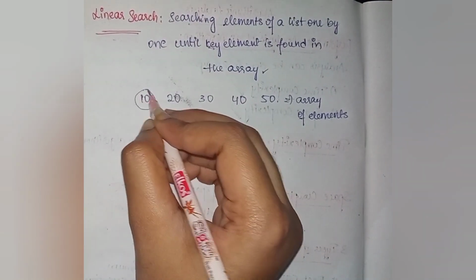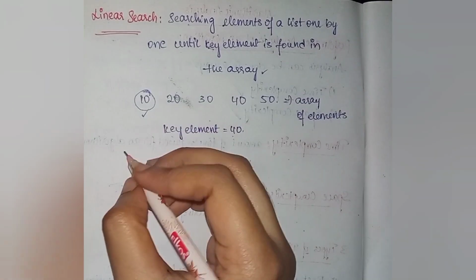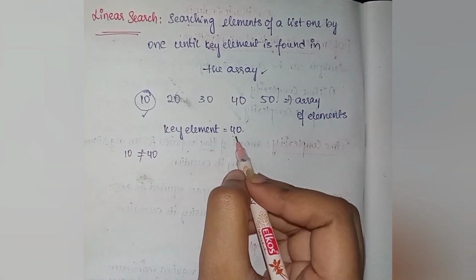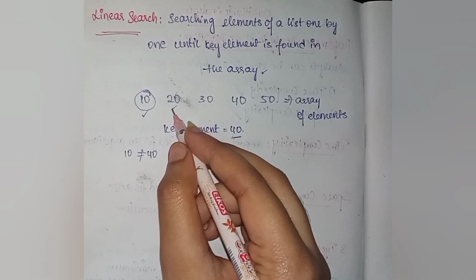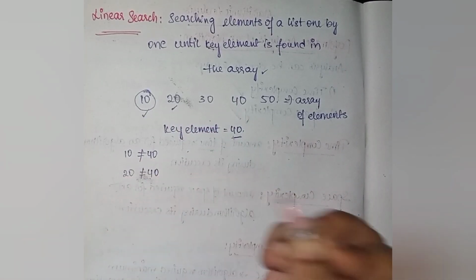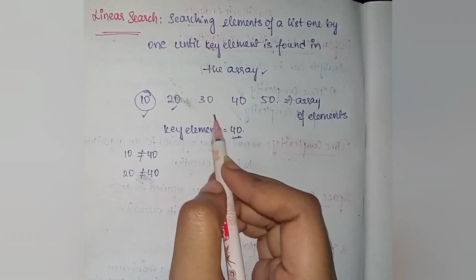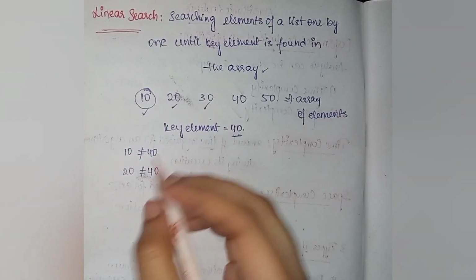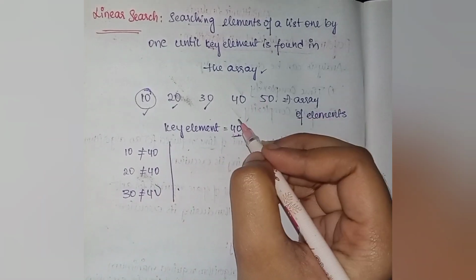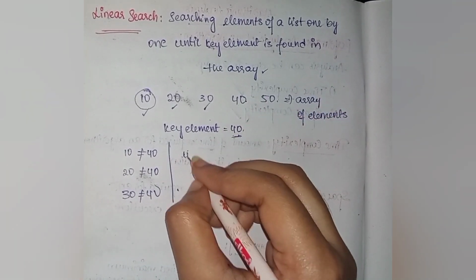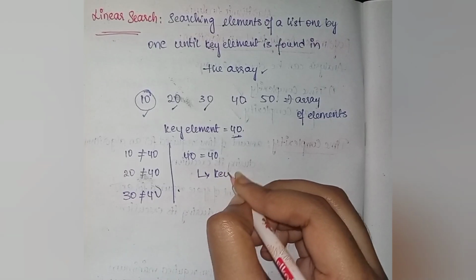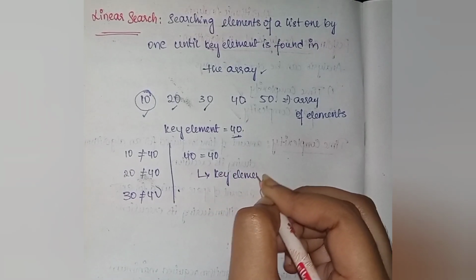I'll compare my key element with the first element, means 10 is not equal to 40. Then I'll compare with the second element, 20 is not equal to 40. Then the third element, 30 not equal to 40. Then I'll compare with my fourth element, 40 is equal to 40, which means my key element is found in the given array, right?